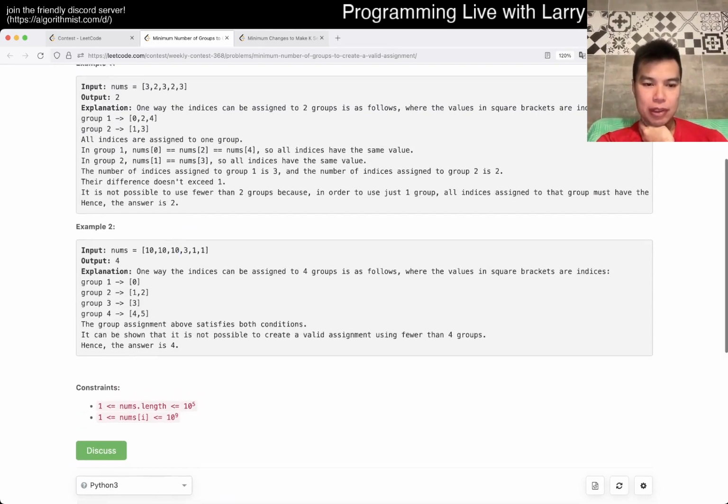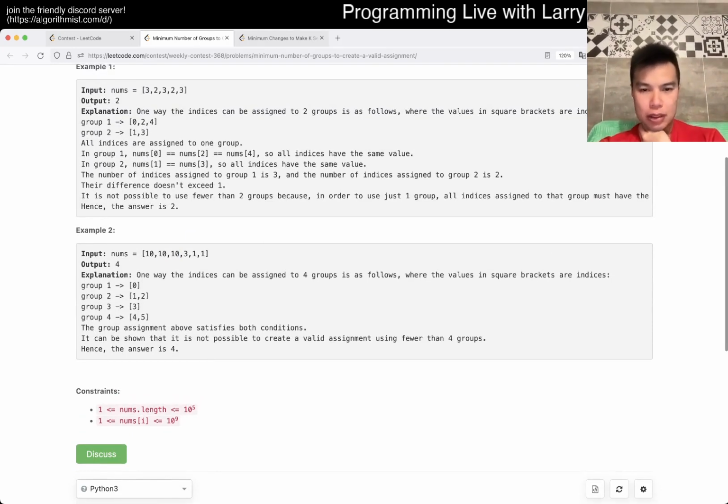So basically we have to try all possible numbers. I mean, maybe in a smart way, but basically you have to try to see if it works, and is it always possible?